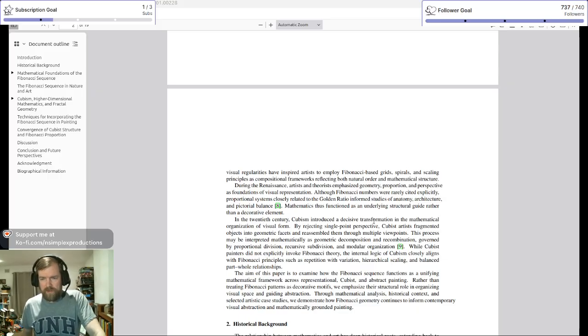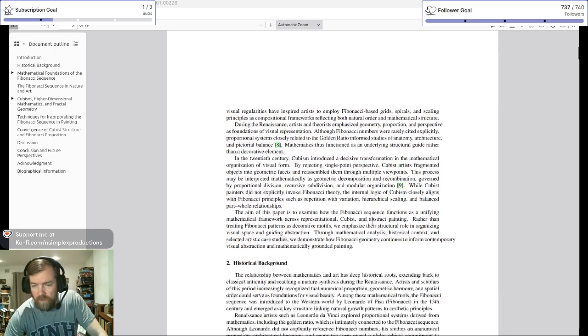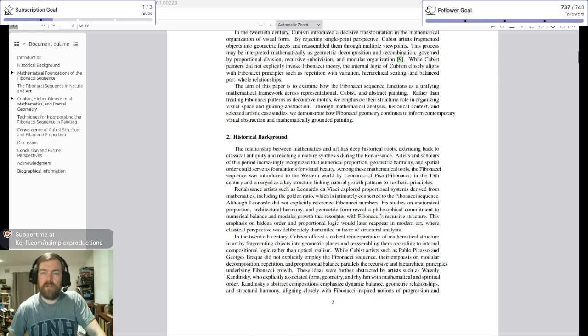This process may be interpreted mathematically as geometric decomposition and recombination, governed by proportional division, recursive subdivision, and modular organization. While Cubist painters did not explicitly invoke Fibonacci theory, the internal logic of Cubism closely aligns with Fibonacci principles such as repetition with variation, hierarchical scaling, and balanced whole-part relationships.